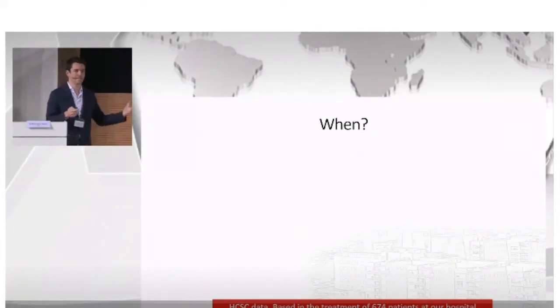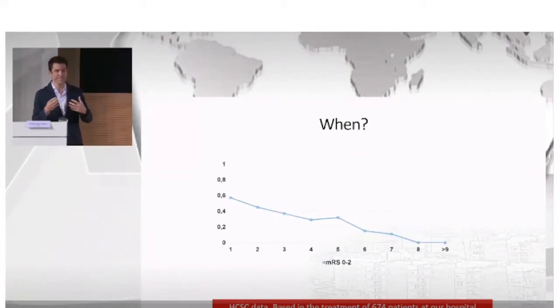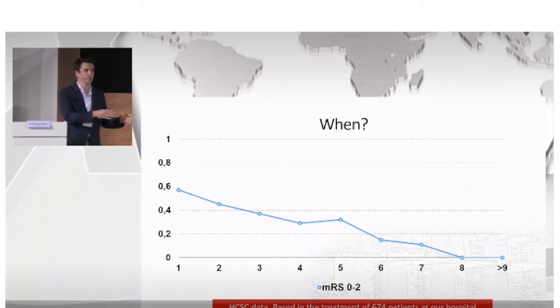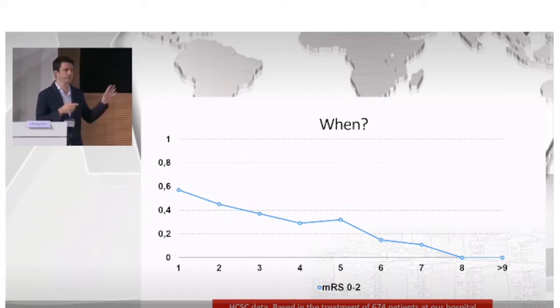So when to place a stent? Well, this is the data that we have in our hospital with our first 674 patients, number of passes, good clinical outcome. And it's pretty much the same as what we have already talked about in the first figure that I showed you. So as you can see, from the 60% good clinical outcome on the first pass to 0% on the 8th pass. So this is when we were able to obtain recanalization.